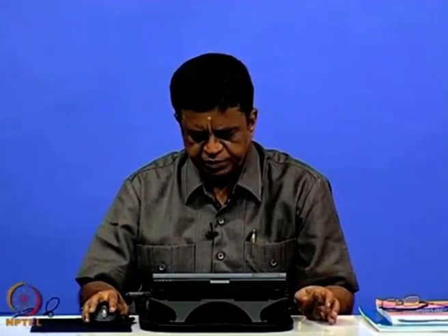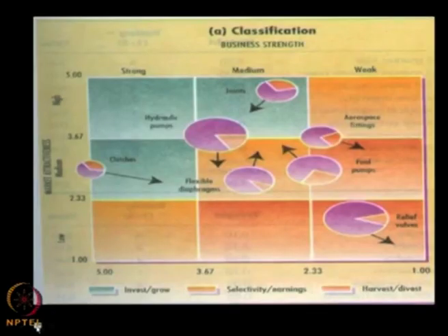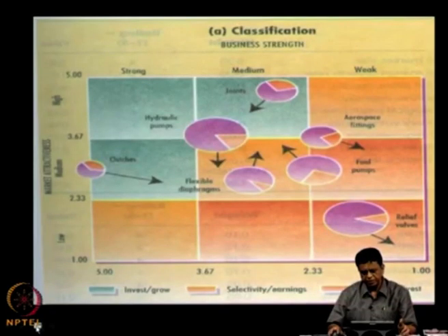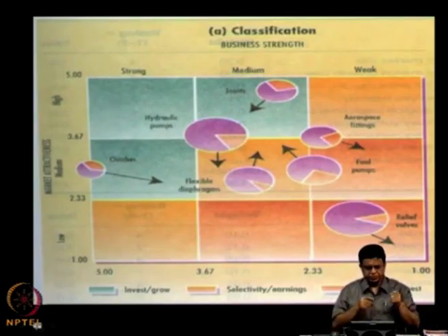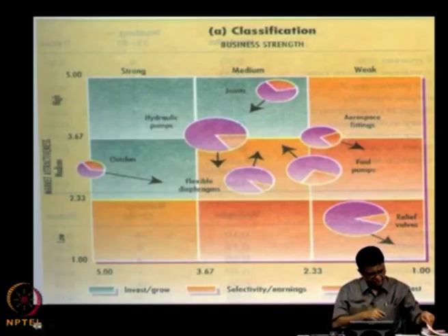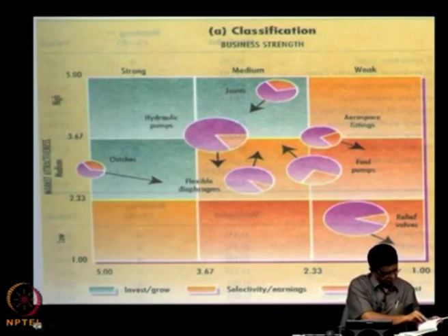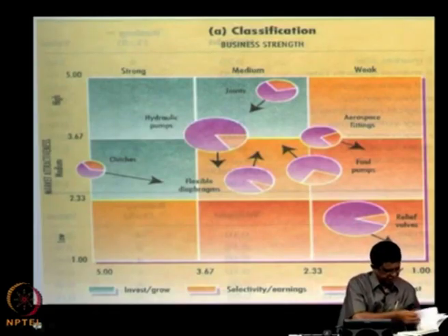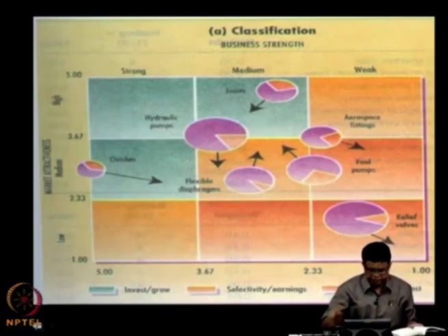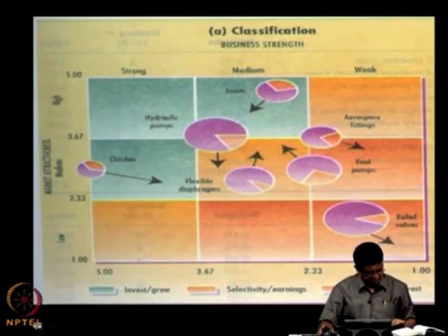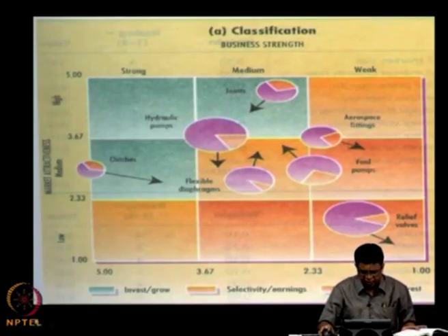So, welcome to this class. We were looking at this G matrix, that is the matrix given out by the G company. We looked at how this matrix is to be drawn and what it really signifies, called the G business screen in actual parlance, but known as G matrix.